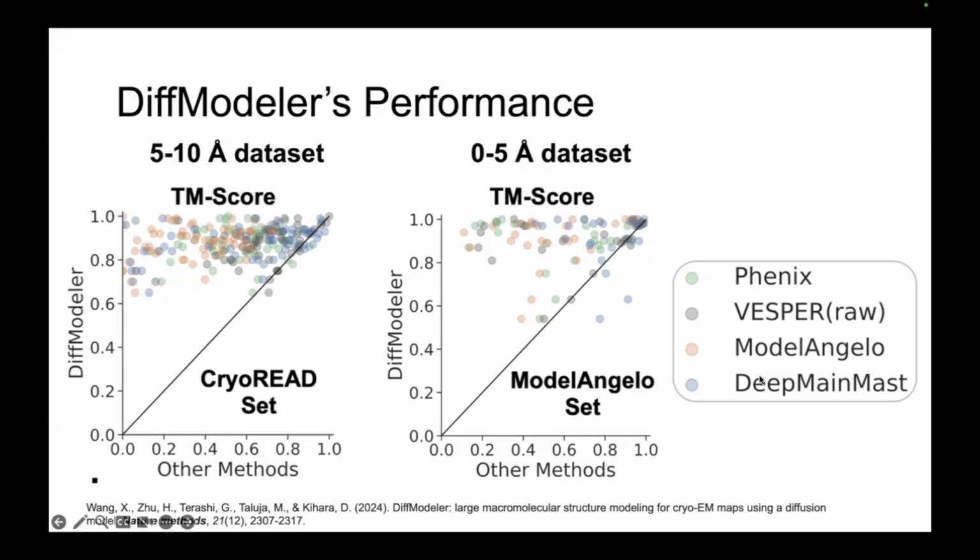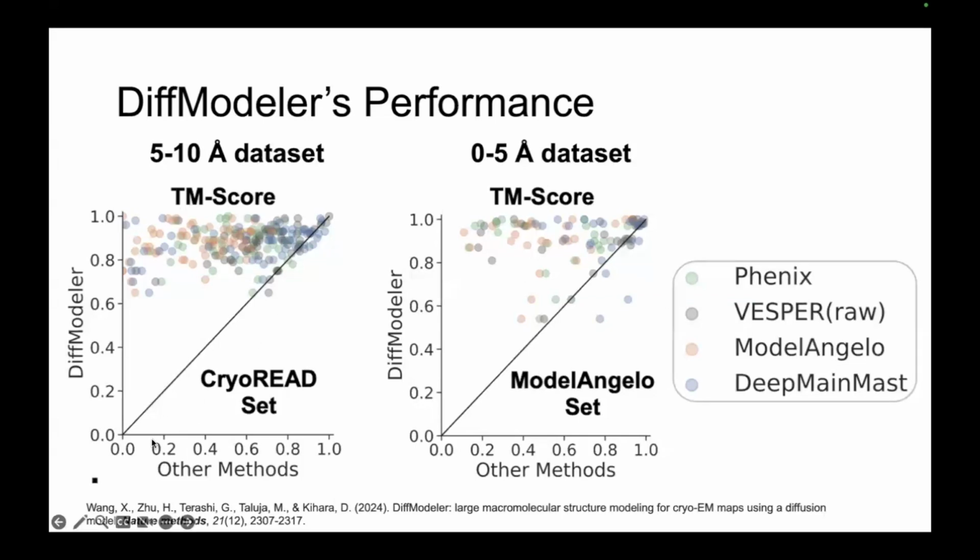Another tool is ModelAngelo. ModelAngelo is one of the most famous modeling tools for cryo-EM. Then we also compare with DeepMainmast, which is our modeling tool. It places the backbone positions and connects the dots, then builds the structures, considering the predicted structures and local amino acid type features.